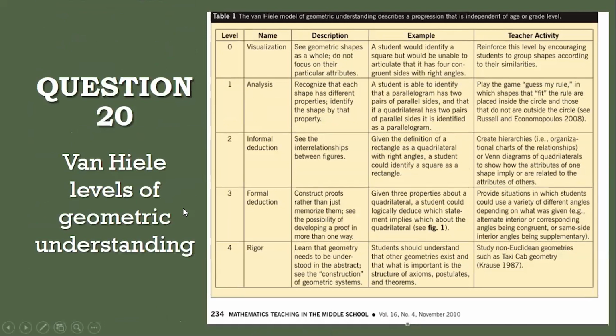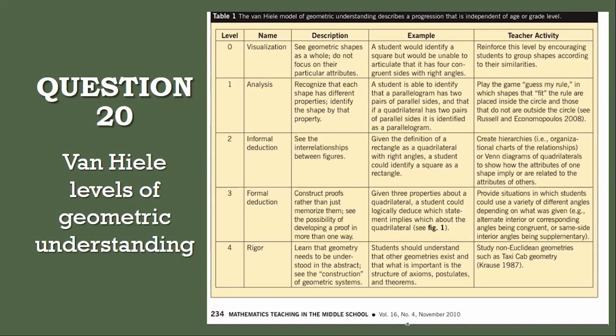Go to question 20. Question 20 says, an intermediate phase learner investigates the properties of various 2D shapes and realizes that a square is actually a rectangle of which all the sides are the same length. At which level of Van Hiele's levels of geometric thought is this learner?